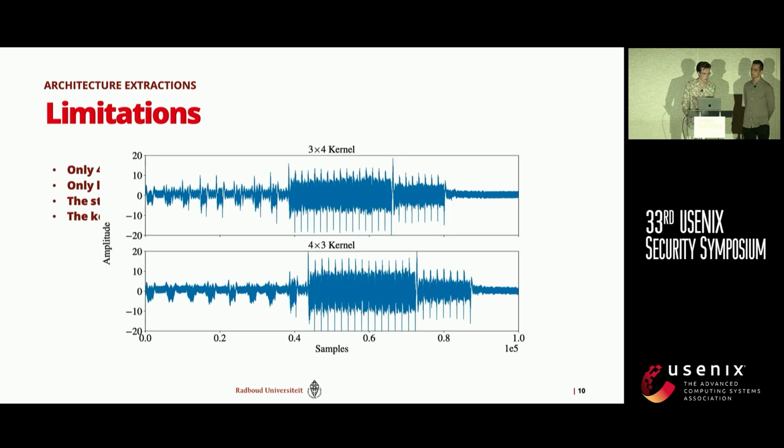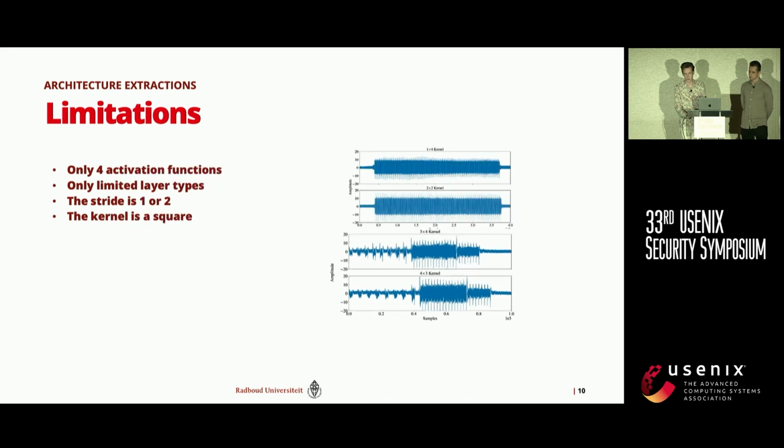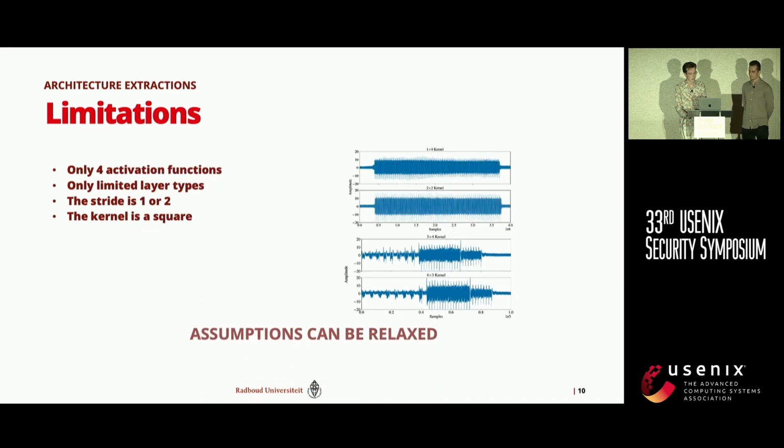So we have 3x4, for instance, and 4x3. And also this has the same number of multiplications being executed. You still see that there is some sort of difference, which can be used to increase the scope of architecture extraction. And therefore, the assumptions on architecture extraction can be relaxed.